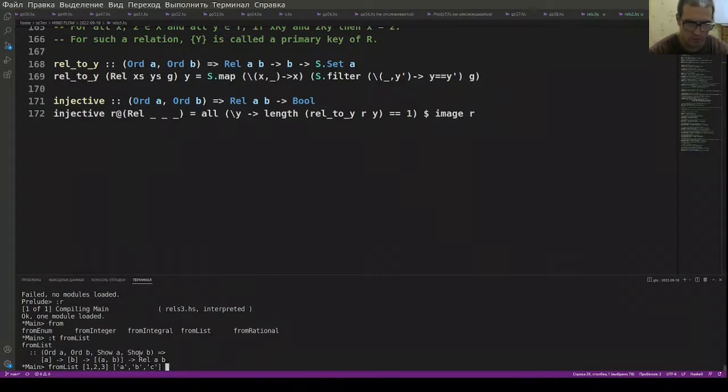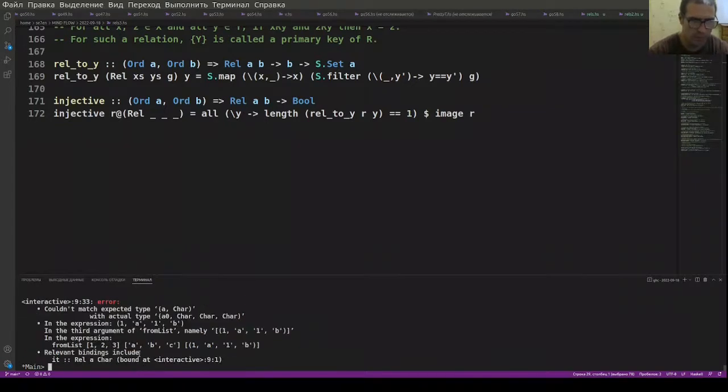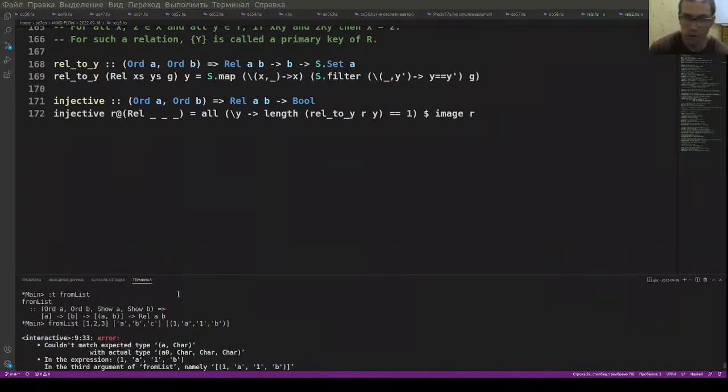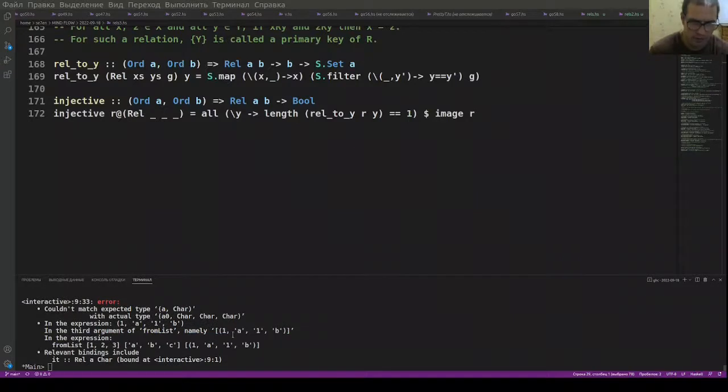And actually the relation itself is a set of some pairs. For example, like this. Okay, oh, it can be 1 to b. Okay. What am I writing? I need to write a tuple. I need to write a list of pairs, of course.